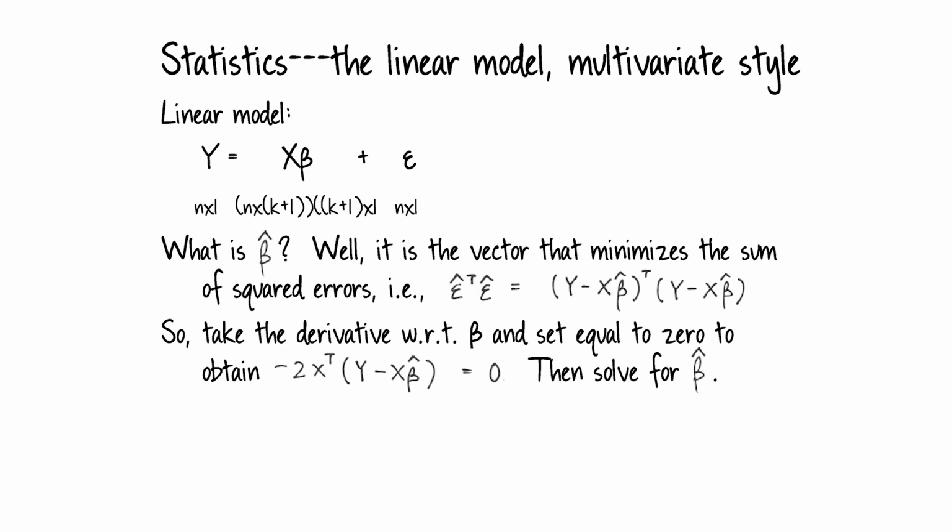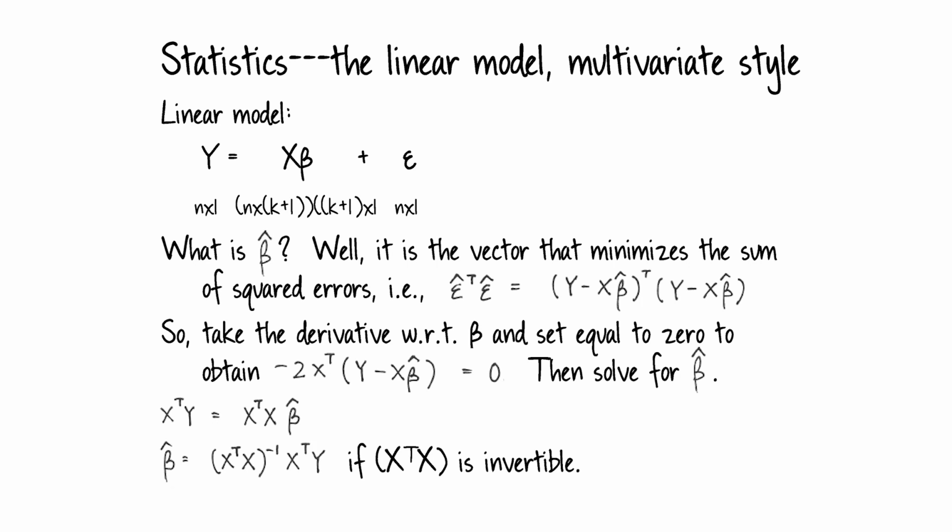Then we solve for beta hat. The -2, we can just divide both sides by -2, and so that goes away. Then we write this equation as x transpose y equals x transpose x times beta hat. Okay? And then if this is invertible, and remember that was one of our assumptions, our identification assumption, that that thing was invertible, then we get that beta hat is just equal to (x prime x) inverse x prime y.